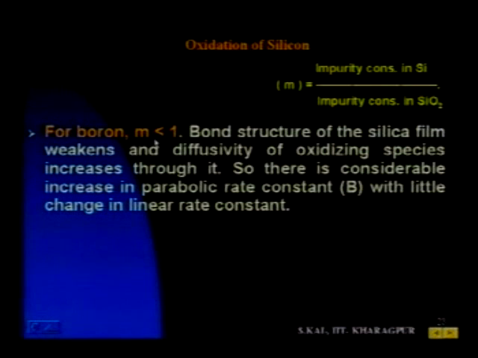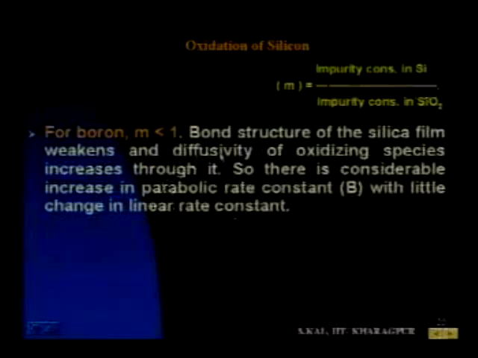That's why M is less than 1. Impurity concentration in oxide will be more in case of boron. That means boron atoms try to be in oxide more compared to that in silicon.